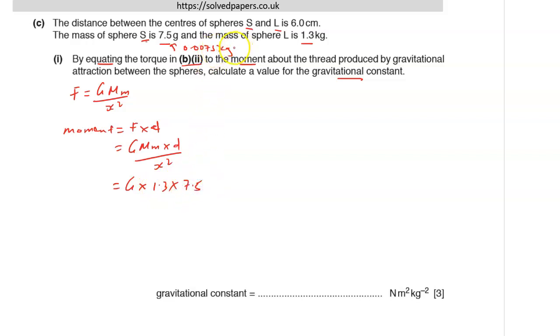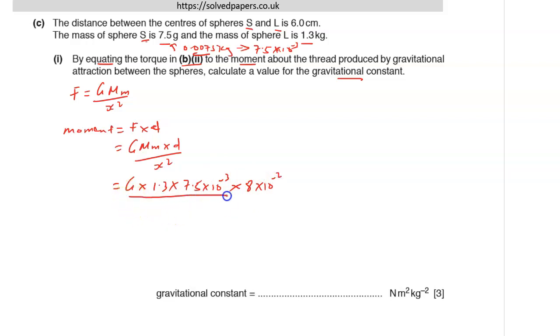When you convert this into standard form, it will be 7.5 times 10 raised to power minus 3, times distance, which we are given is 8 centimeters, so 8 times 10 raised to power minus 2.